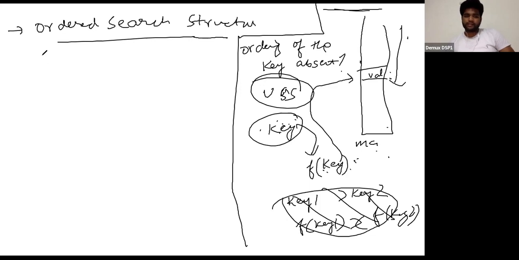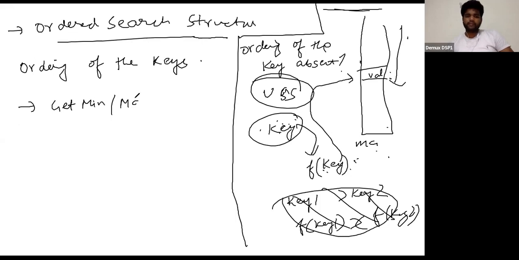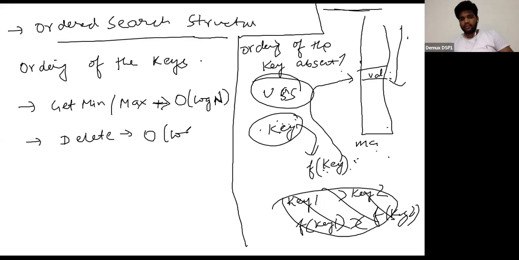In ordered search structures, typically you have an ordering of the keys. Because of that, you can get the minimum or the maximum in order log n, similar to binary search. You can delete any random element in log n in these kinds of ordered search structures.